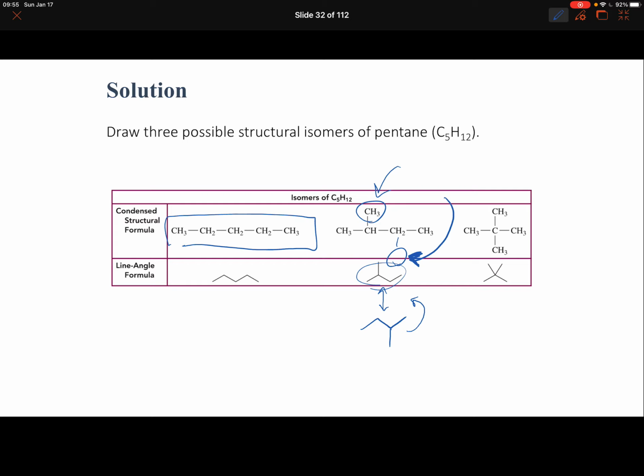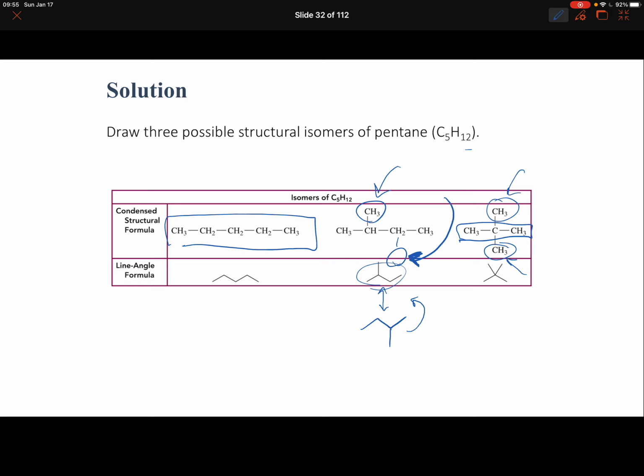And then you could also put the 4th and 5th carbon on the 3rd carbon, right? You could do a 3 carbon chain and then just stick 2 groups on that middle carbon. So you could actually get 3 different structures with pentane. You can't get cyclopentane, though, you'll notice, because you've got too many hydrogens.